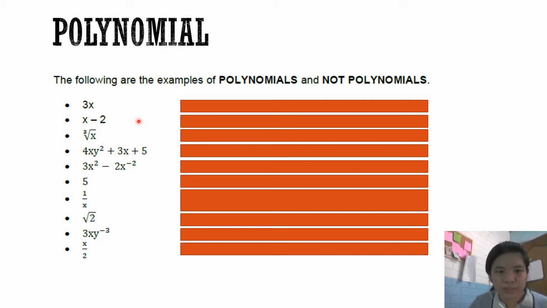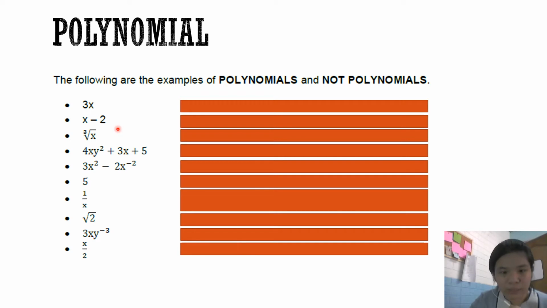The variable should not be in the denominator, and the exponent of that variable should only be a whole number, meaning 0, 1, 2, 3, and so on, dapat yung mga variable niya. So, clear na po. So, let's proceed.